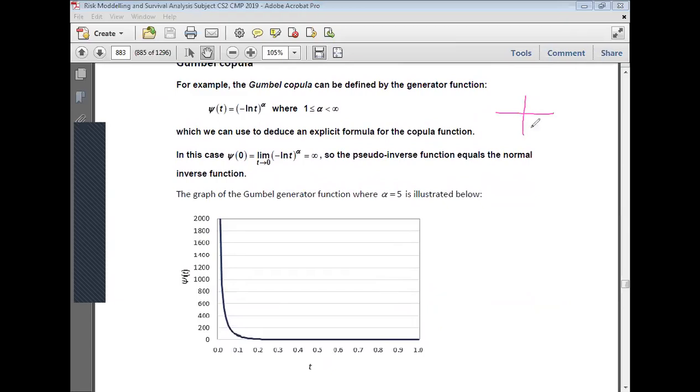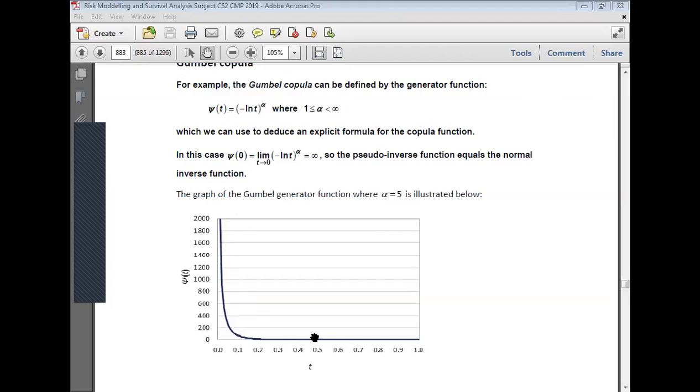So my log looks something like this, where it takes a value of 0 every time for 1. And again, depending on your alpha value, you will plot this minus log of t to the power alpha, and you will get something like this. So what they have plotted here is for alpha equals 5. And that is how your Gumbel copula's generator function would look.